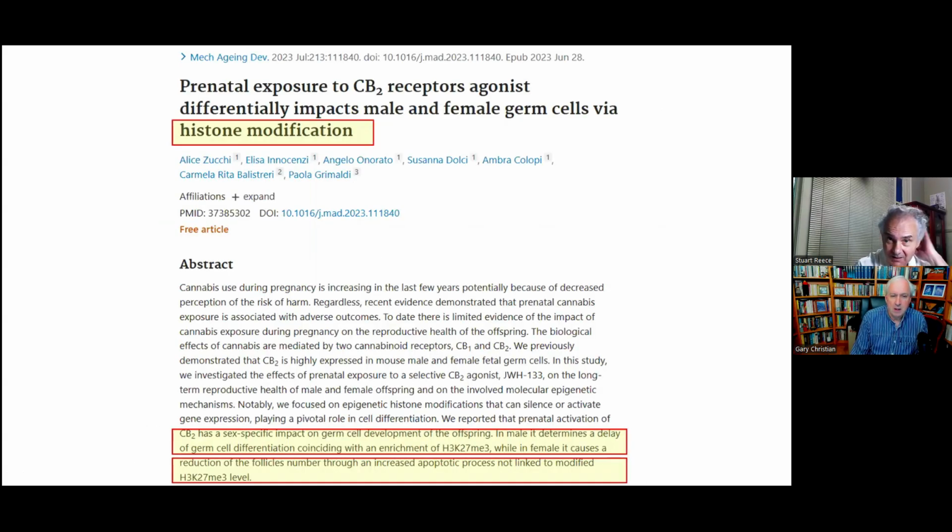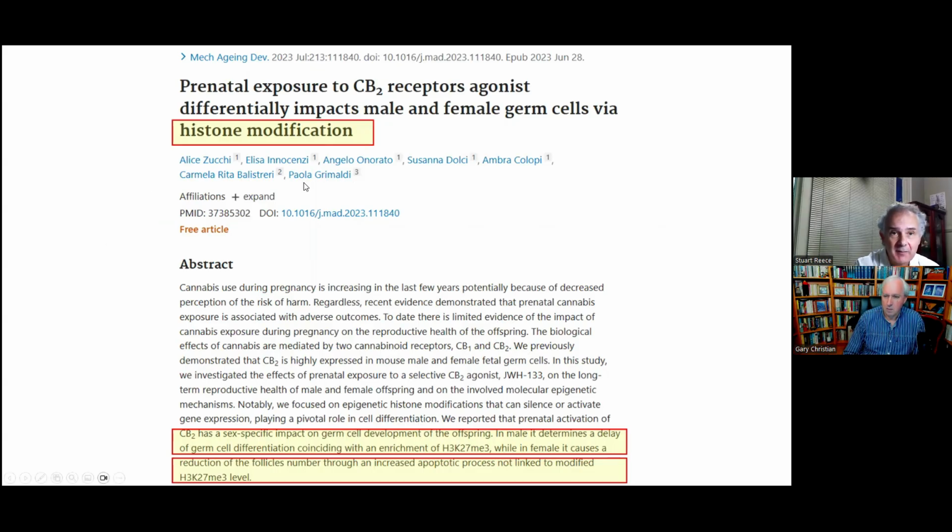That's right. And then this also extends to male and female germ cells via histone modification. The DNA is wrapped around histones and it's sort of put to bed, put to sleep, packaged away, put into storage around the histones. So the histones allow access to gene expression by controlling what gets in and what gets out.